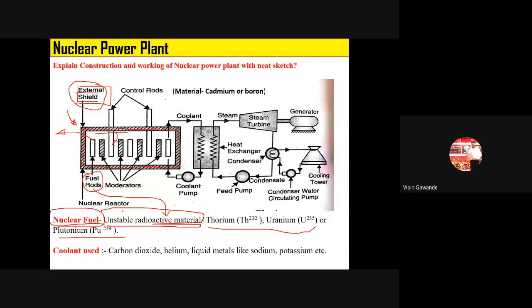Okay, then which type of reaction is occurring inside the nuclear reactor? कुठली रिएक्शन होते थोरियम सोबत?